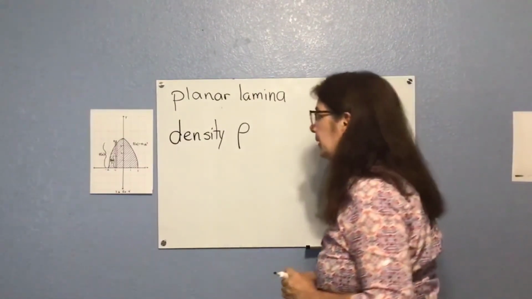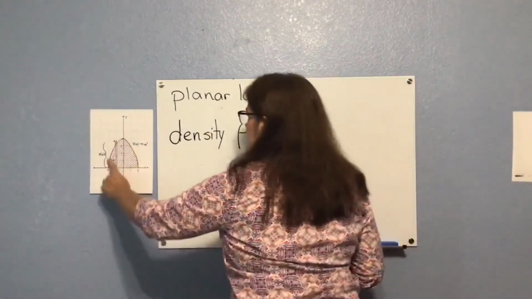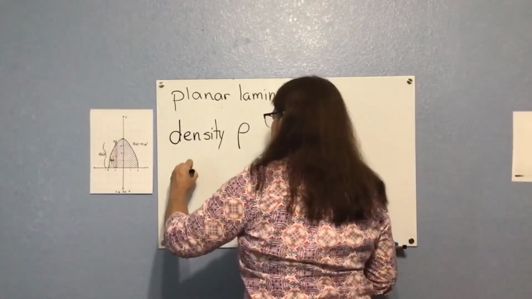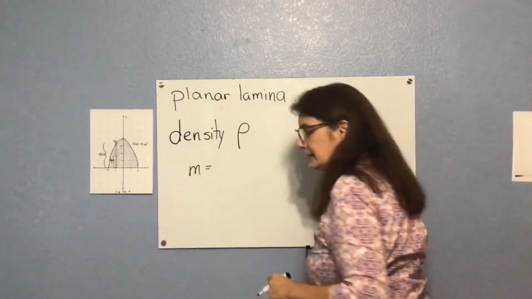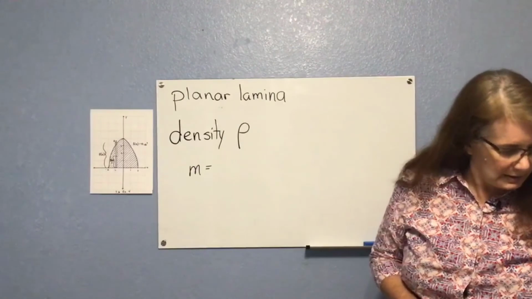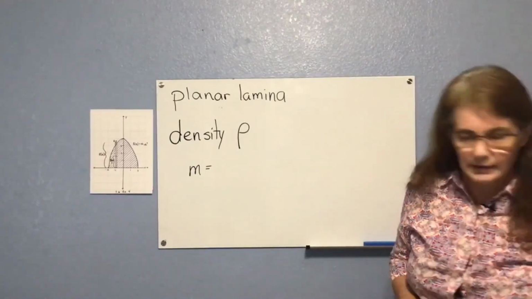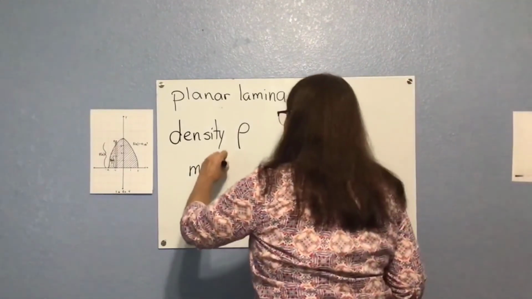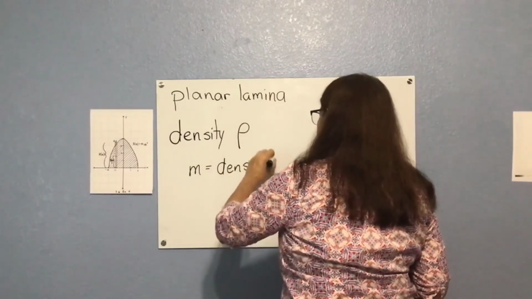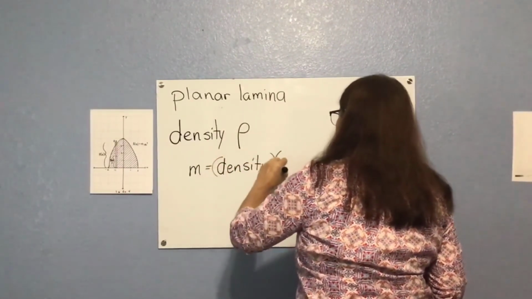And so if I have a planar lamina like this area here, its mass is equal to the density times the area.